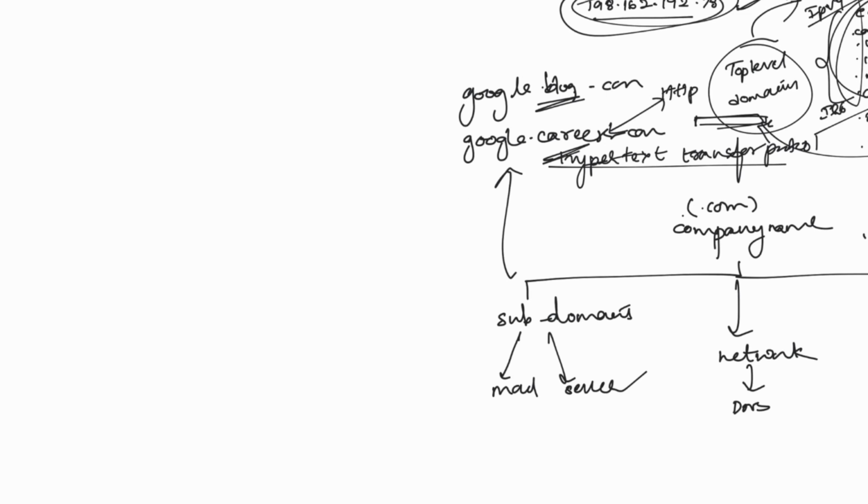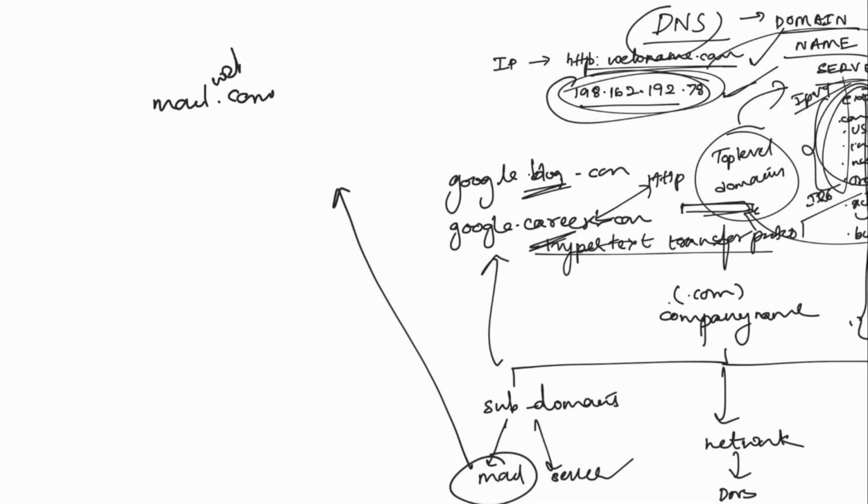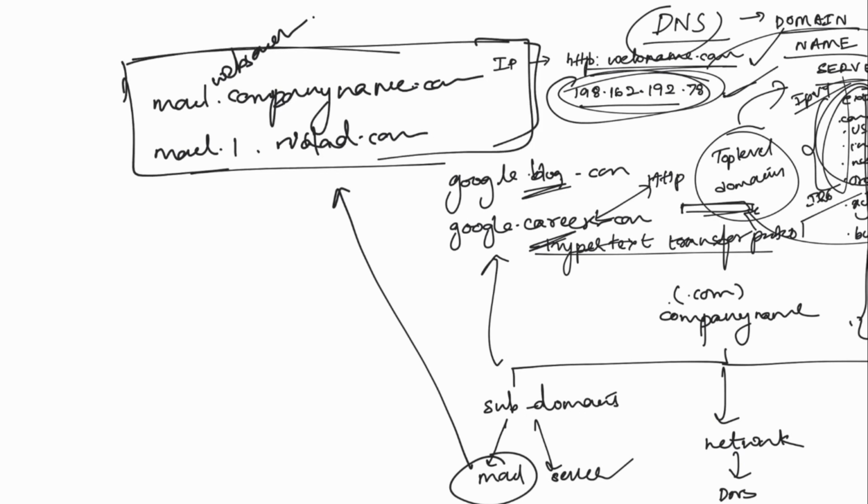Most of the mailing clients are represented by mail.companyname.com. So if that was for Realad, it would be mail.realad.com, for example. That was just an example. You can see there are many formulated in this type of approach. That's it for DNS, and I'll see you in the next lecture.